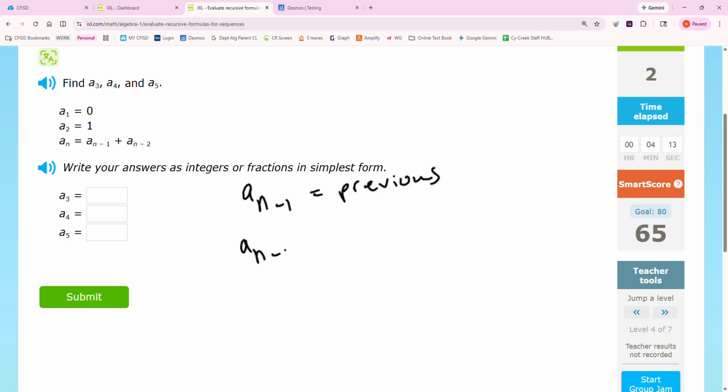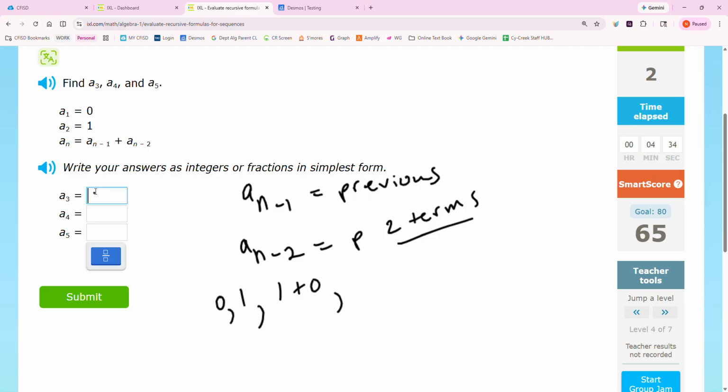The a n minus 2 means previous 2 terms. Okay, so our first term is 0. Our second term is 1. That means for this third term, we're going to do 1 plus 0, which is going to give me 1. So our third term is going to be 1.